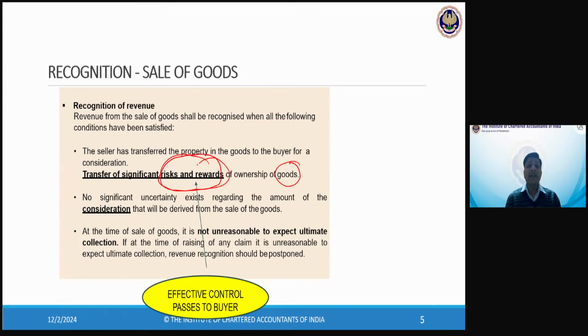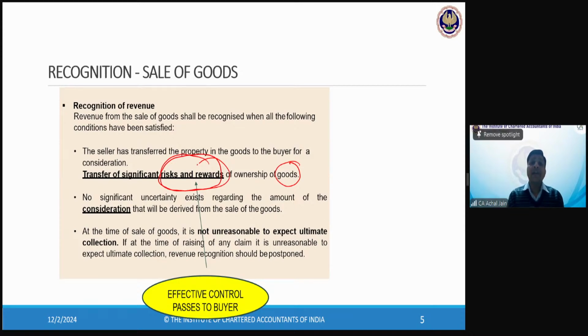Only when the conditions we are discussing get fulfilled can the revenue be recognized. Otherwise, you can't recognize revenue. This is very, very important. We'll talk about it with the help of some examples.